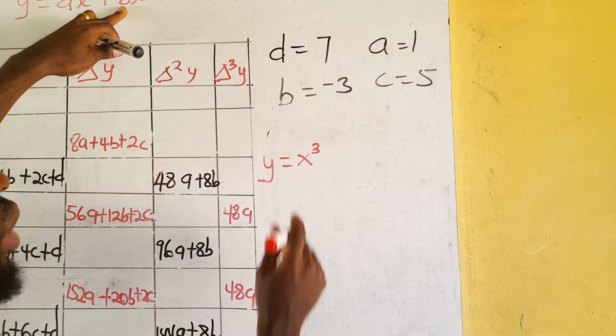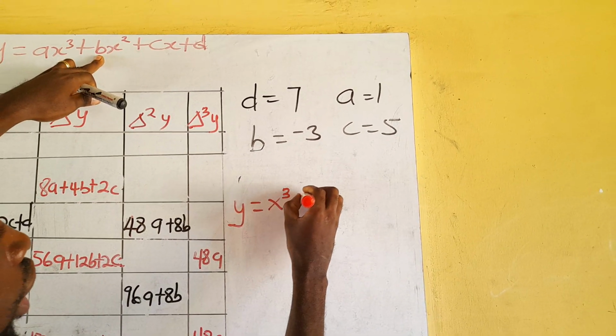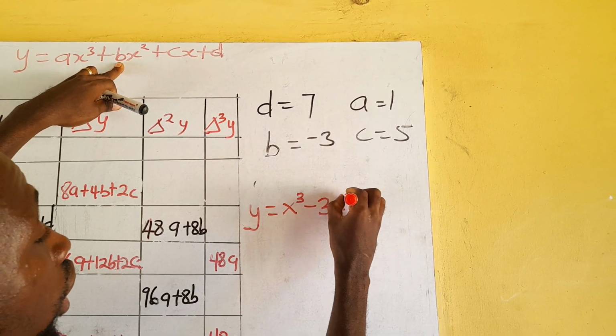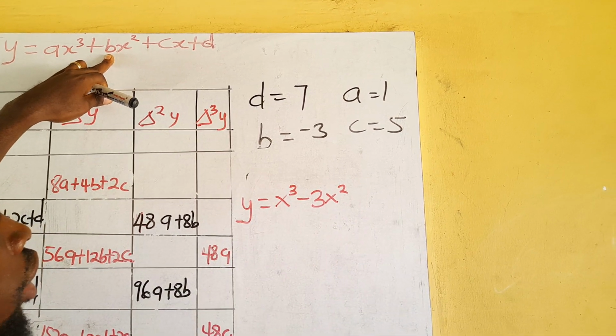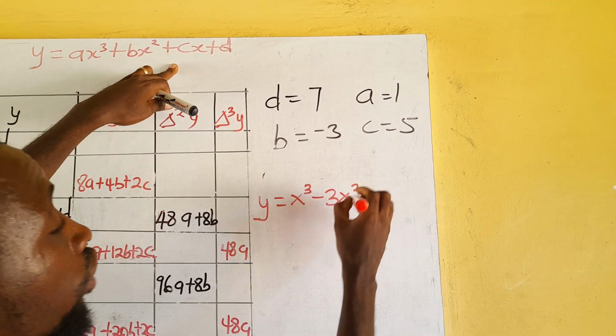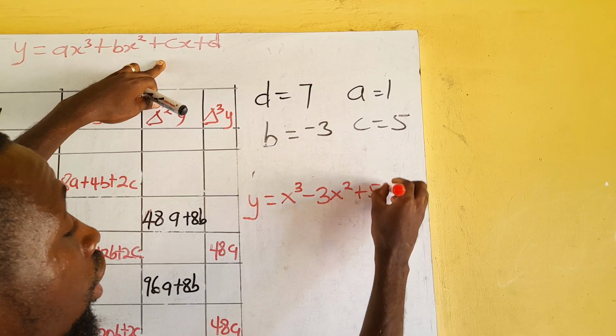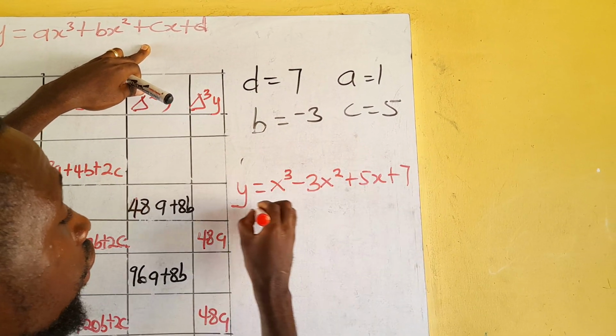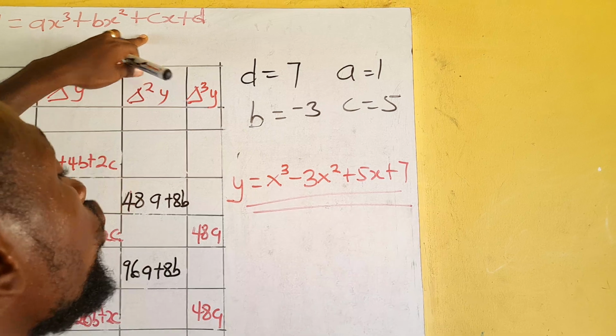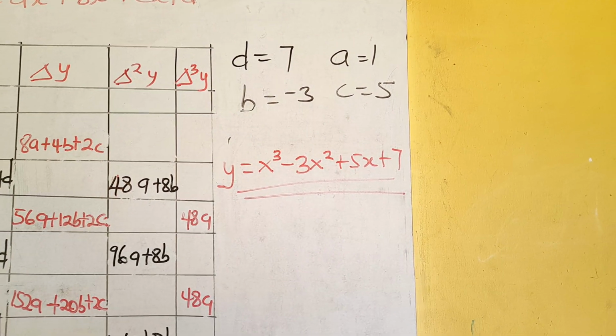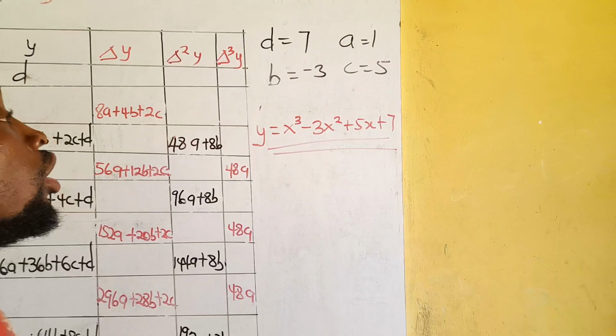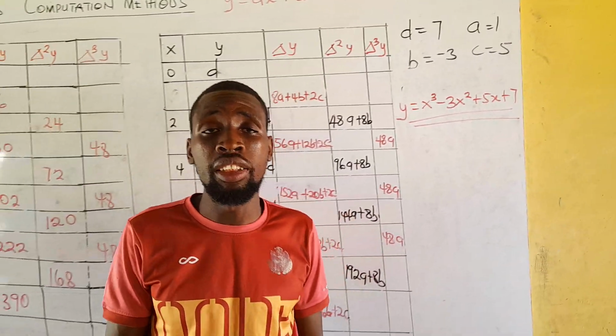And plus b, b is negative 3, so negative 3x squared. Then plus c, c is 5, so plus 5x. Then d is 7, so plus 7. This becomes the rule for the mapping there. So we have found the rule for this difficult mapping using just a difference table.